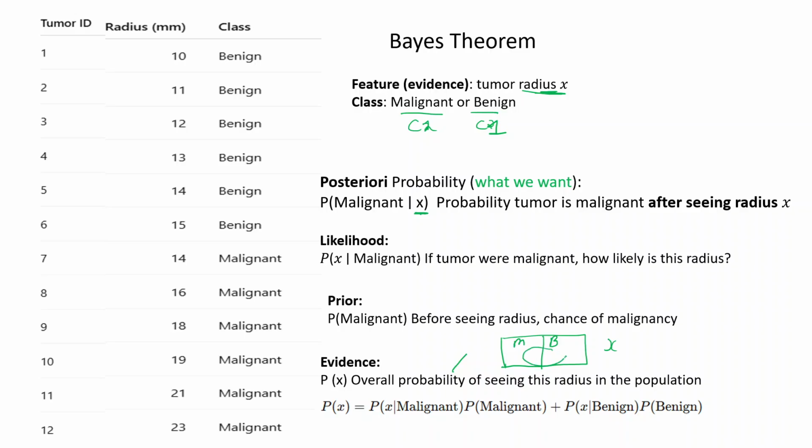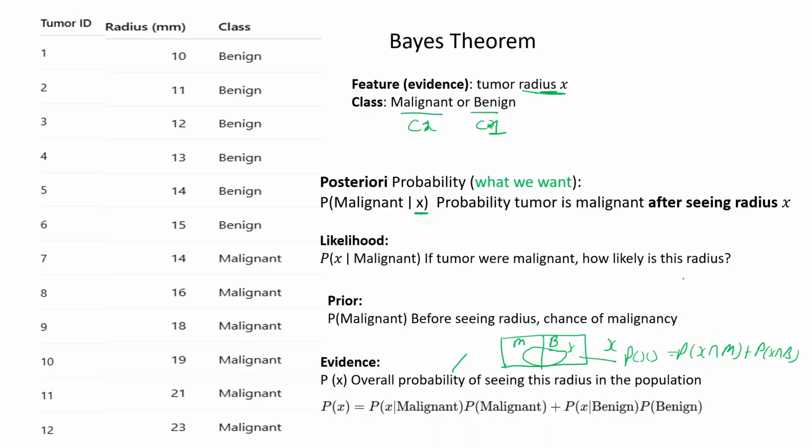Now some X value has occurred, and we have to find out in what ratio it belongs to each. We can calculate this as the probability of X intersection malignant plus the probability of X intersection benign.